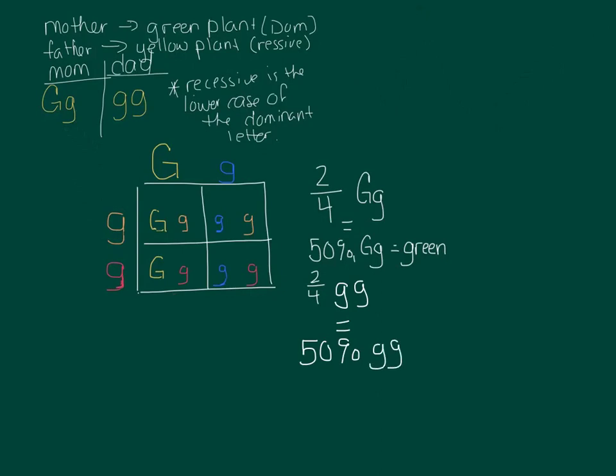Those are going to express themselves as yellow. So if these two plants mated, they would have half a chance of being green, and their offspring would have half a chance of being yellow.